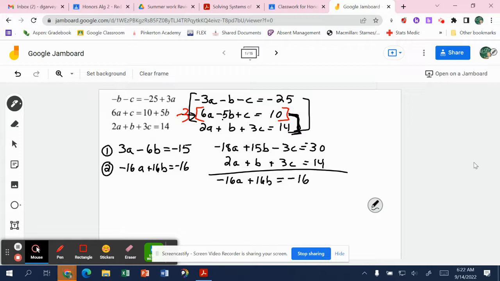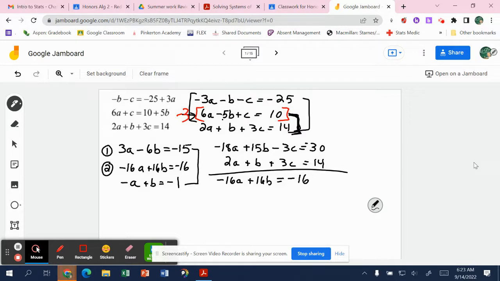Now, I can take a look at this equation and I can actually divide out a 16 and simplify the equation to negative a plus b equals negative 1. So that makes it a simpler equation to use.